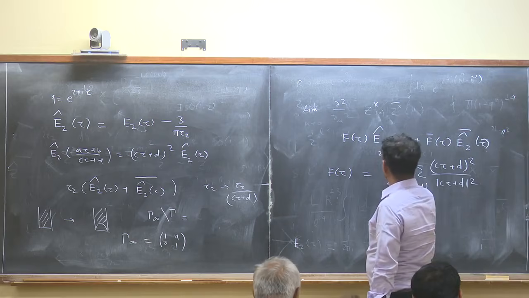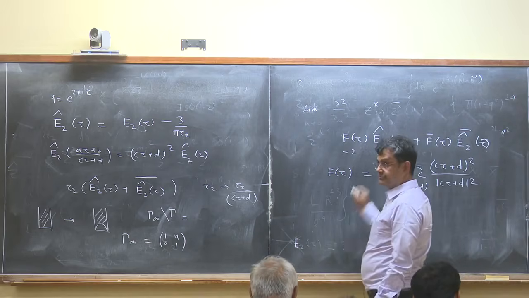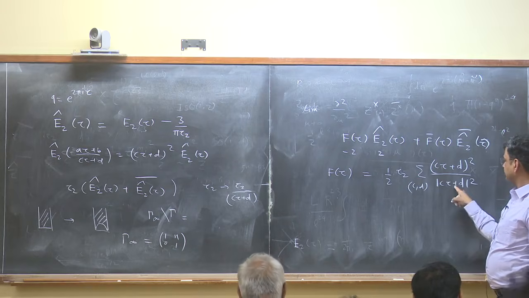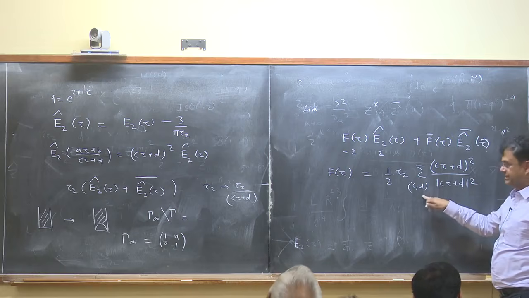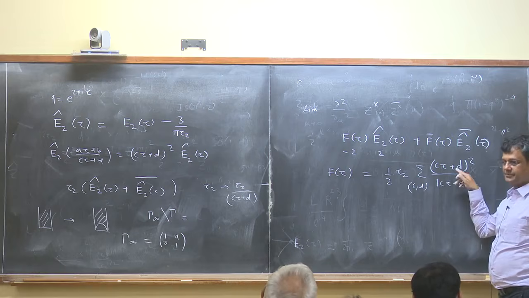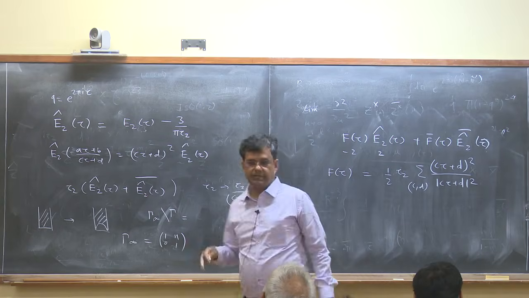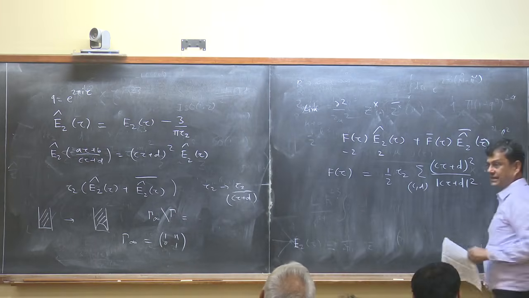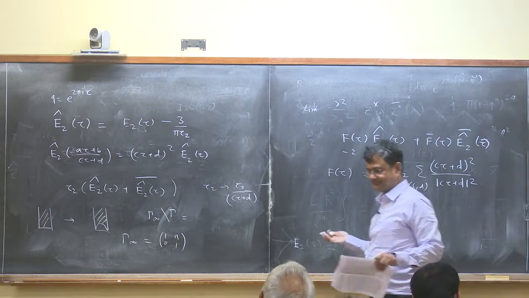As I told you, this has weight 2, so if you want modular invariance, this should have weight minus 2. And actually it does, because tau 2 divided by C tau plus D whole squared is modular invariant, summed over CD. So a priori it looks like you're done, but this sum is not convergent, because you're summing over CD, so you are not actually done.